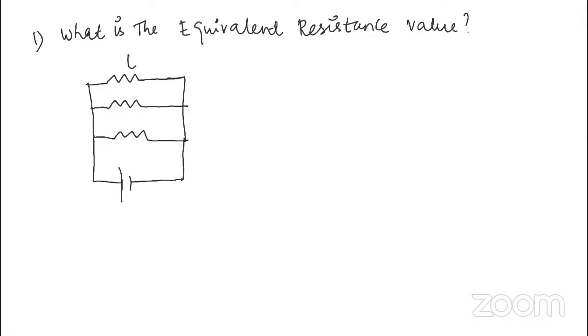Okay, so here it is 6 ohms, and here it is 3 ohms, and here it is 4 ohms. Okay, so if it is connected through a battery, so in our circuits கொடுத்துட்டு they are asking the equivalent resistance. So for first one we have to check whether it is a series connection or parallel connection. So this one is a series connection or parallel connection?